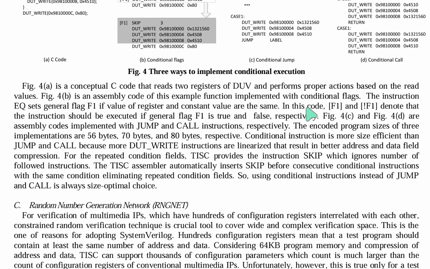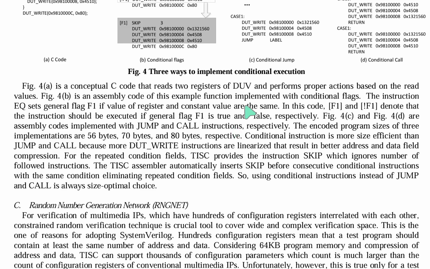In this code, F1 and !F1 denote that the instruction should be executed if the general flag F1 is true and false, respectively. Figure 4c and figure 4d are assembly codes implemented with jump and call instructions, respectively.